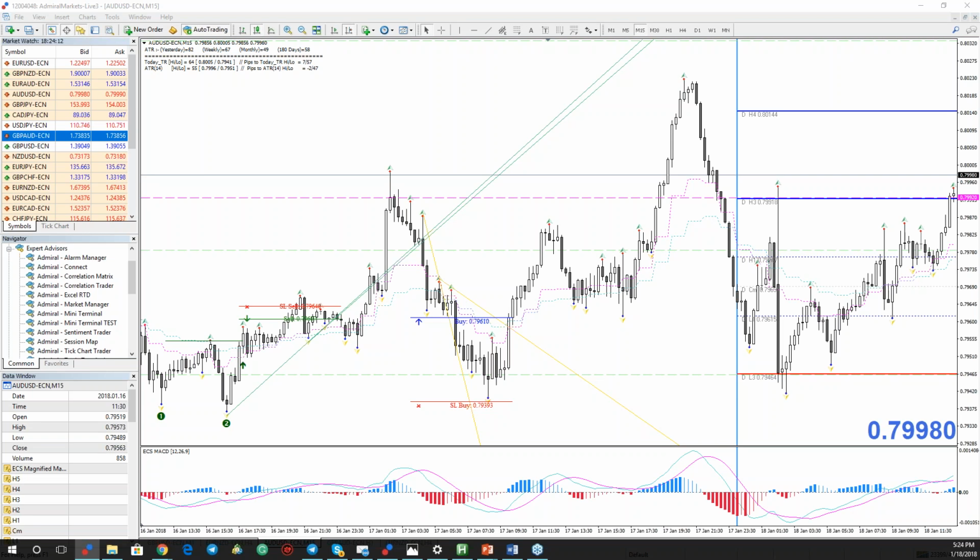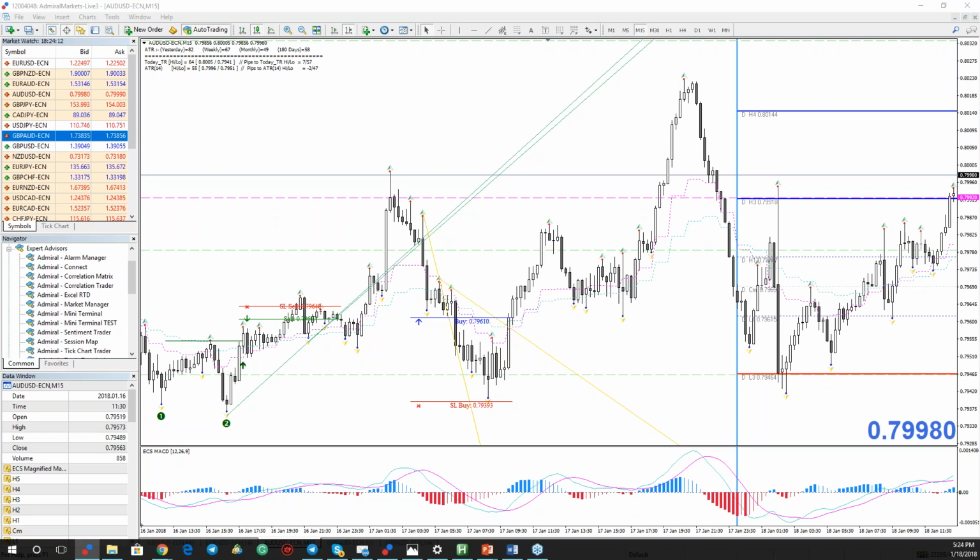So when you see a 3-point fractal touch, you need to draw an upper trend line. Okay, this is a good example. This is not a good example. I will explain why, but this is a good example. 3 fractal touches, or at least 2 fractal touches. Here in this example, we have basically a 2 fractal touch.